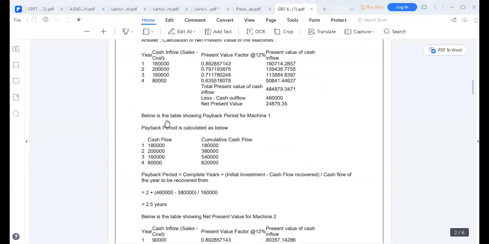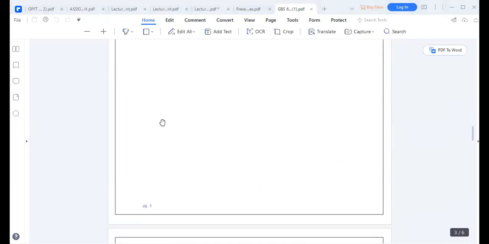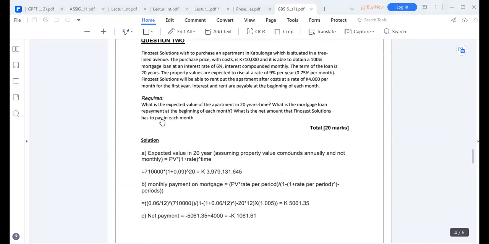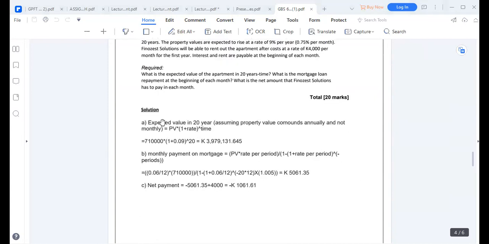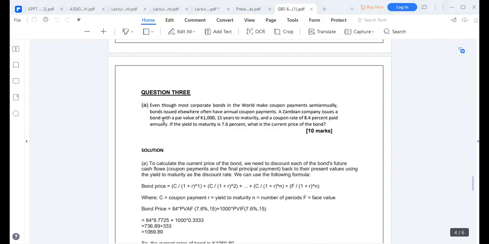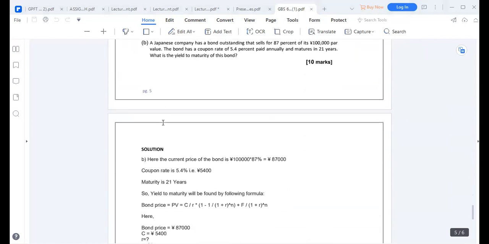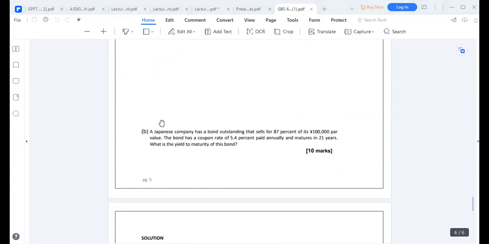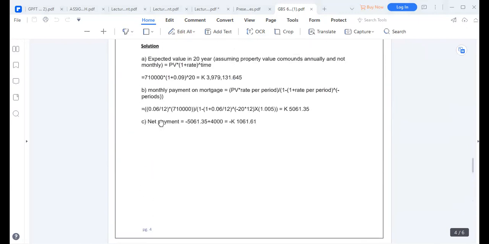Okay, so if we look at the test, we had a component on time value, links, and bond valuation, that is an annuity. And this is the question here.